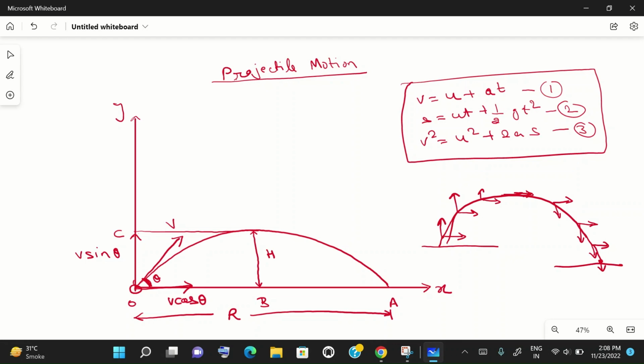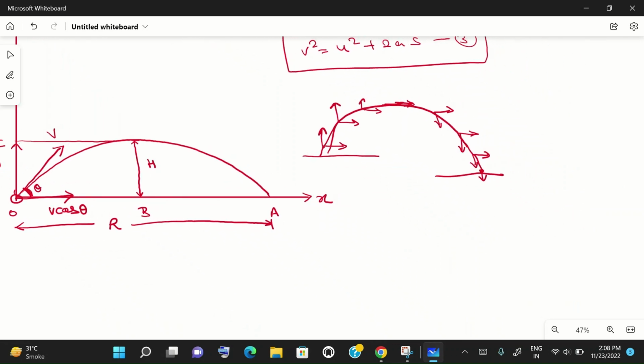You can see the vertical component is changing: going up, then it becomes 0 and comes back down. And the horizontal component is always in the forward direction.